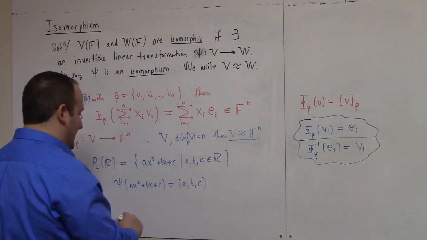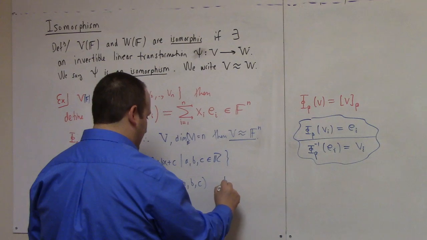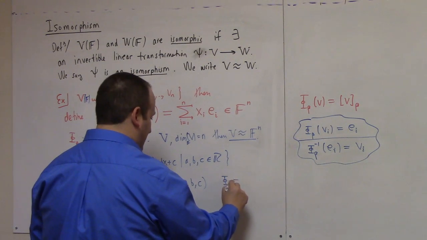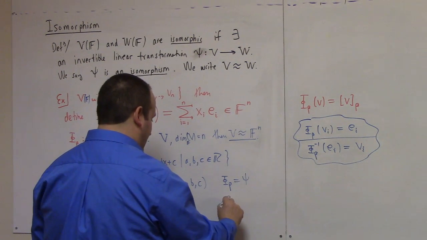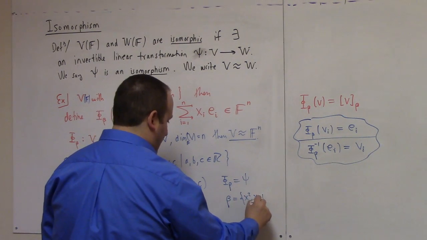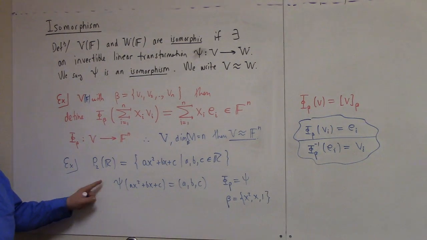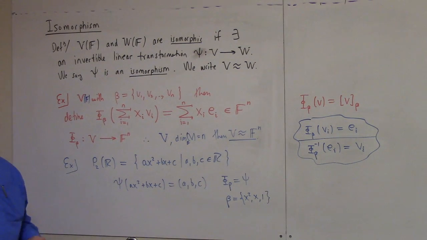Of course, you might recognize that that's nothing more than the coordinate map. This is phi beta equal to psi if I let the basis be x squared, x and 1 for P2. But this is in fact an isomorphism of P2 to R3. In other words, quadratic polynomials are really just R3 in disguise.